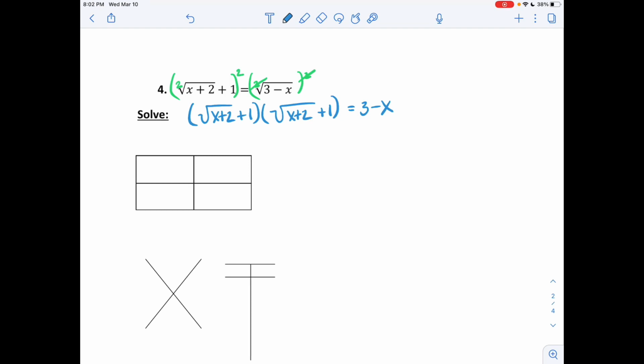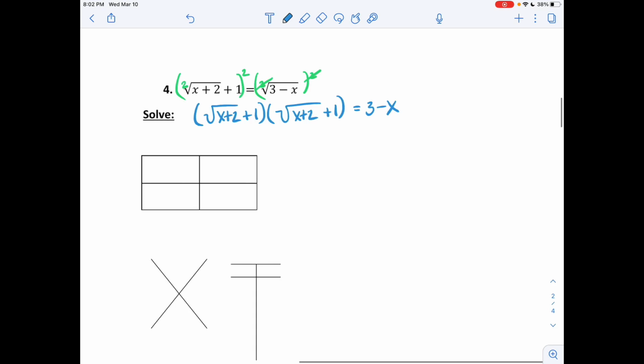I'm going to use the box method again in order to do the multiplication. The multiplication is just going to look a little weird because we have some square roots involved, but it's still the same technique. You put each of your terms in front of a box down the left and then across the top.